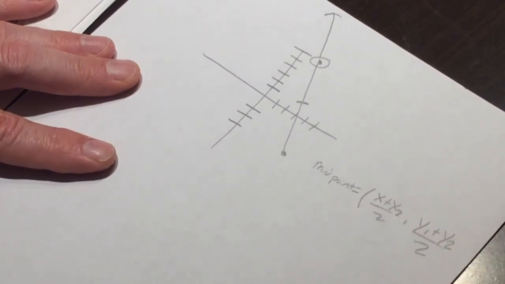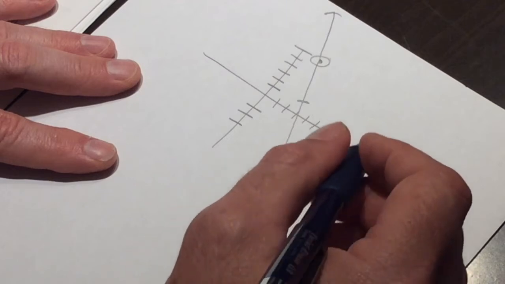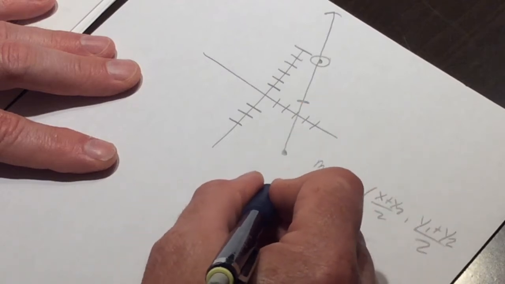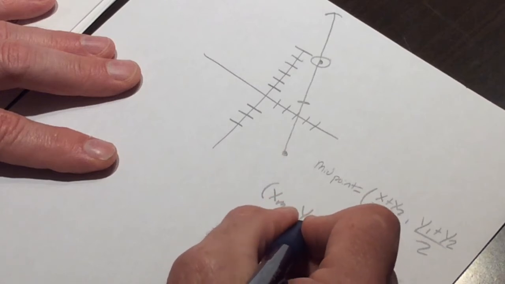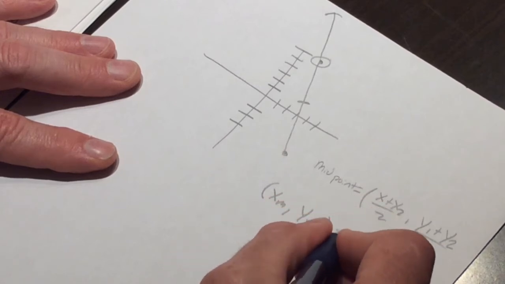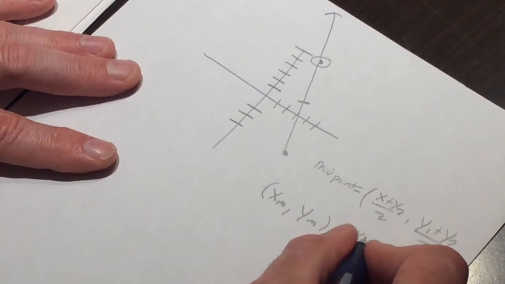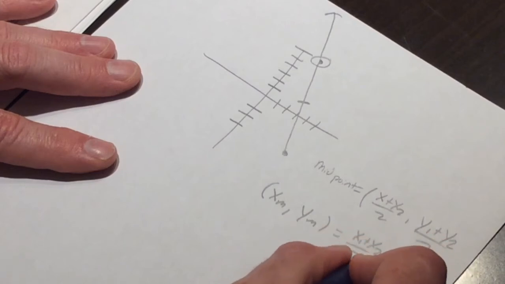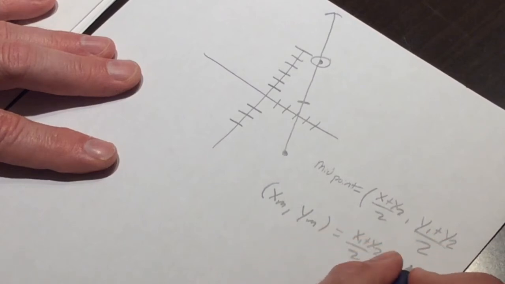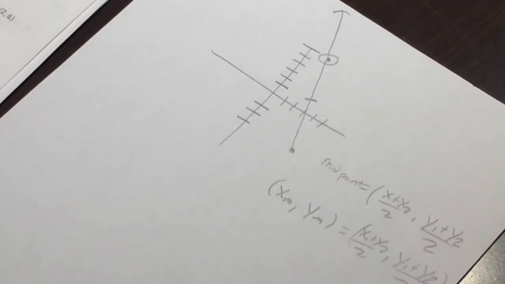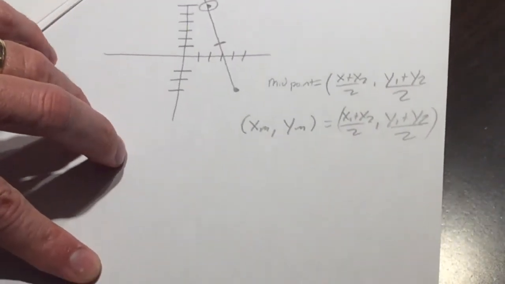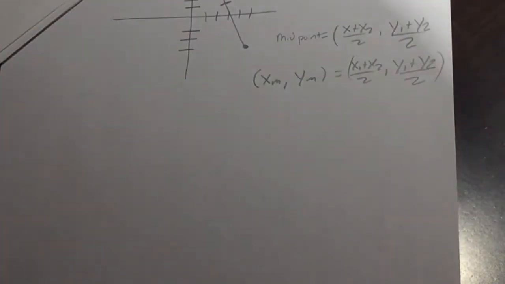So if I broke this up, if I wrote it like this, if I found my x middle and my y middle, x1 plus x2 divided by 2, y1 plus y2 divided by 2, and that's how I'd find both those points. All right. And let me give myself a little bit of an angle here and show you.